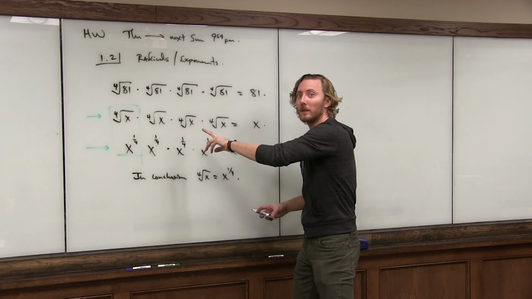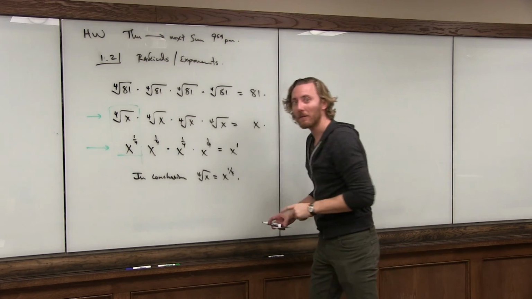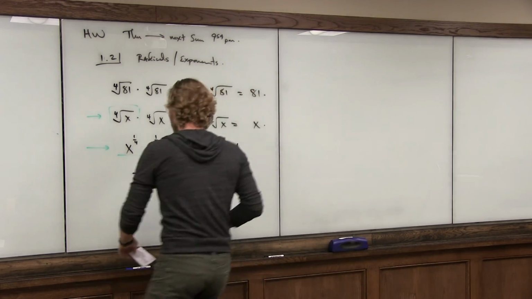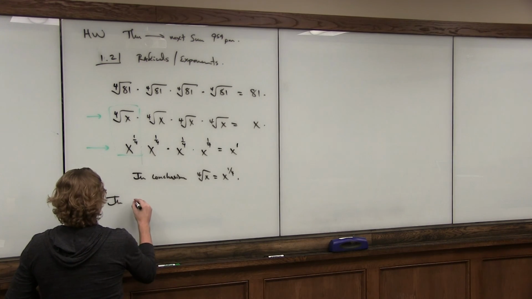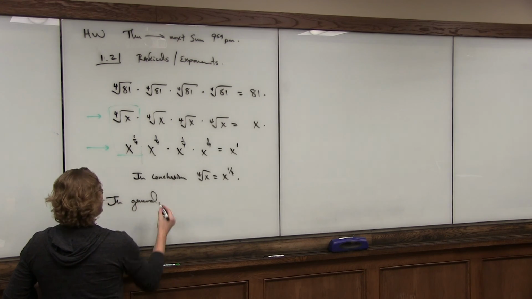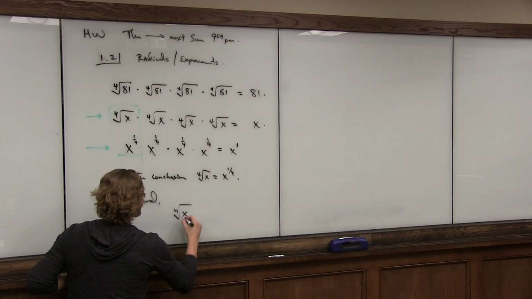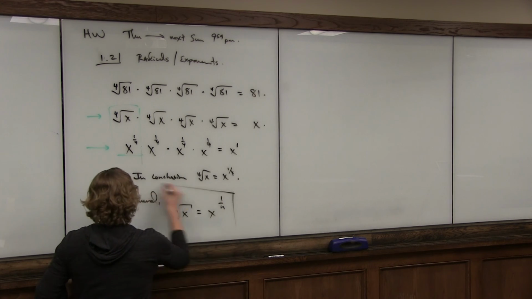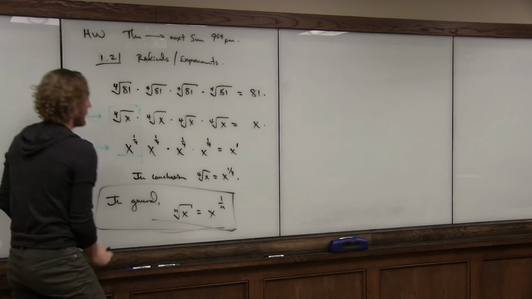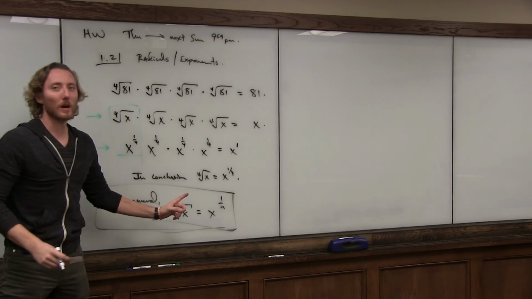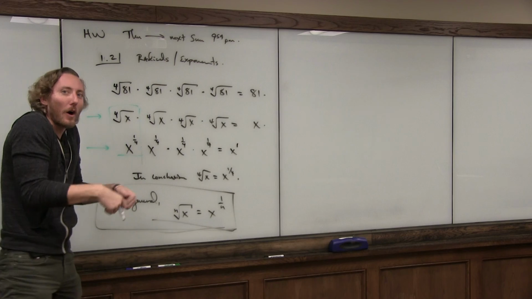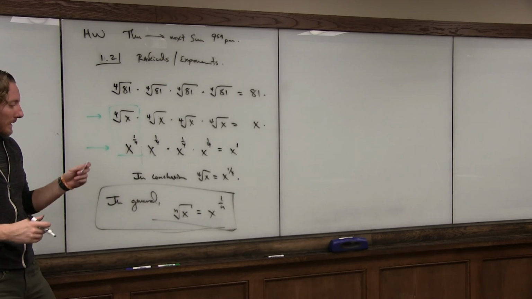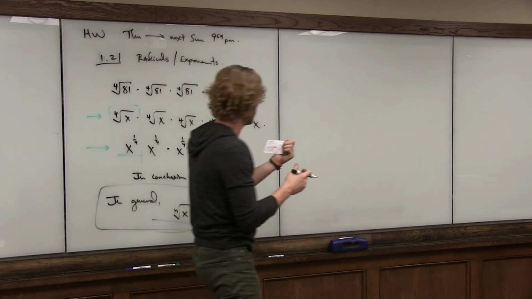Square root would be a half. In general, the nth root of x is just x to the 1/n. We've taken what we saw with radicals and we now have harmonized it with what we've seen with exponents.